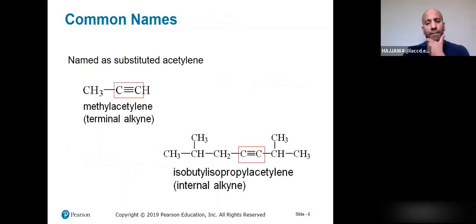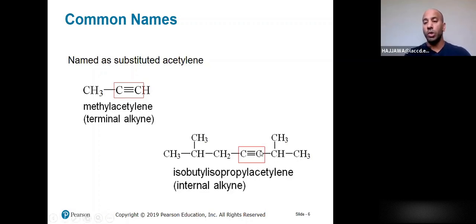So these are some examples of common names you are free to use, but if the question is asking you for IUPAC rules or an IUPAC name, you have to follow the rules discussed previously. So here is an example of a terminal alkyne again, 1, 2, 3. So that's propyne or prop-1-yne. Here's another.